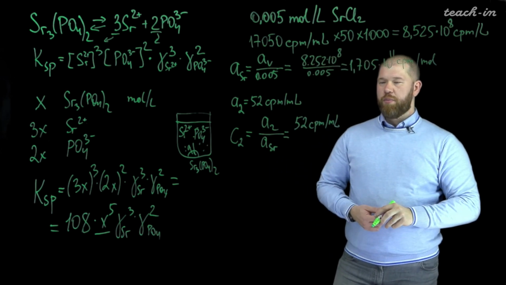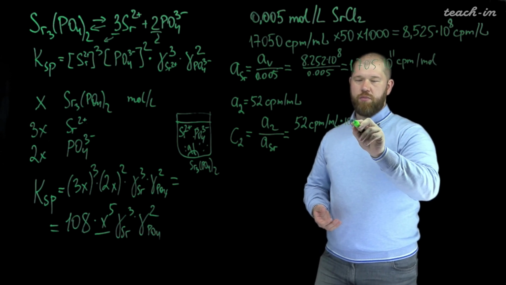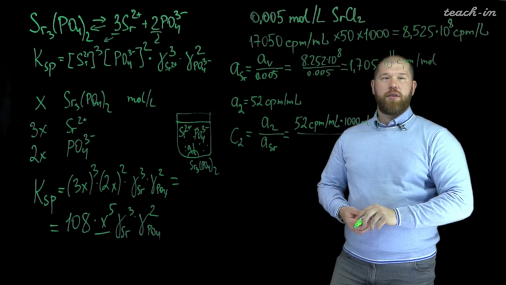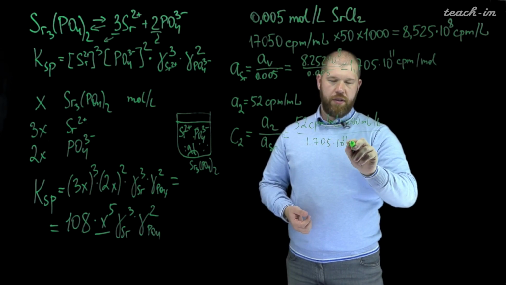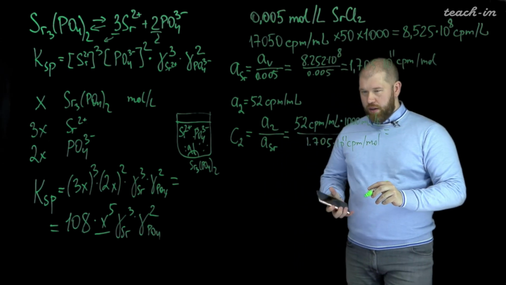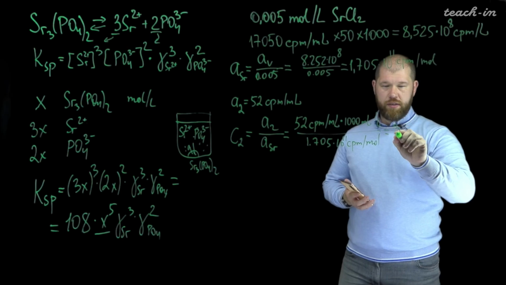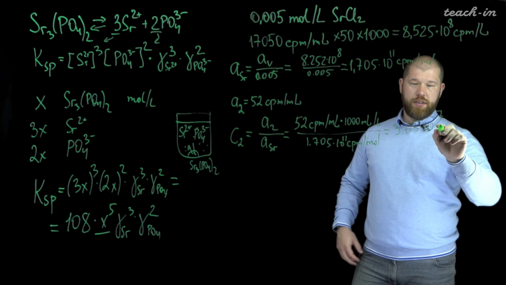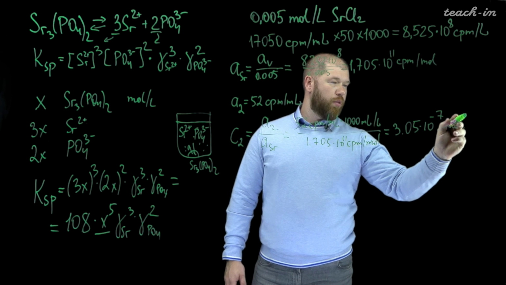And again, if we would like to express it in liters, we have to multiply it by 1000 milliliters in liters, and divide by 1.705 times 10 to the 11 CPM per mole. And now we will get exactly this number, 305 times 10 to minus 7, and it is mole per liter.